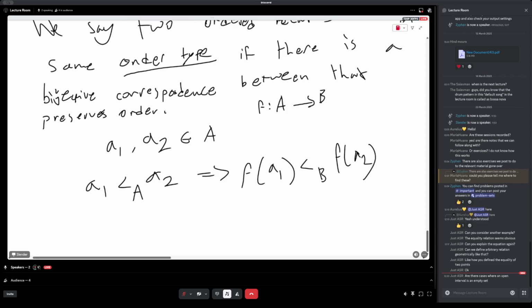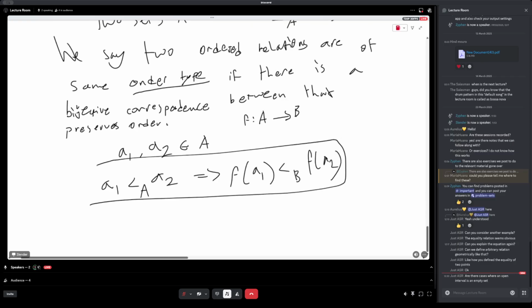This is what is meant by an order preserving bijective correspondence.